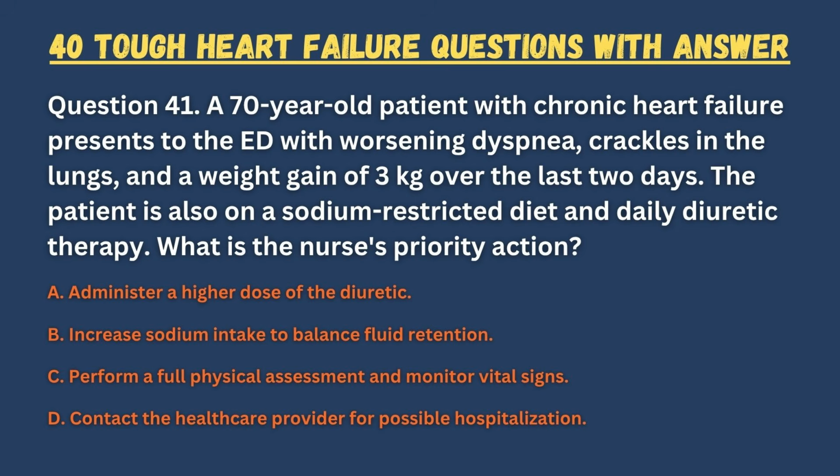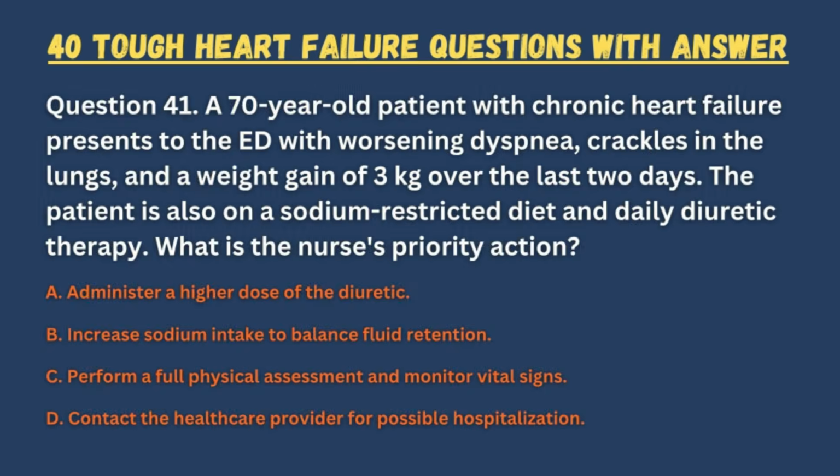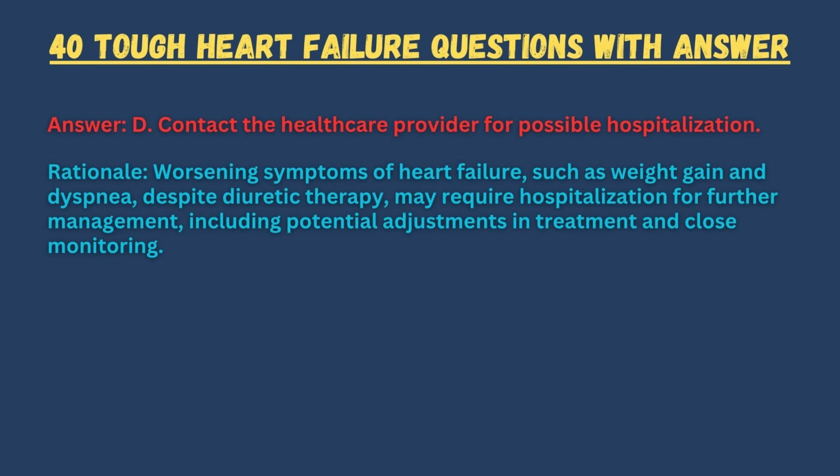C. Perform a full physical assessment and monitor vital signs. D. Contact the healthcare provider for possible hospitalization. Answer. D. Contact the healthcare provider for possible hospitalization. Rationale. Worsening symptoms of heart failure, such as weight gain and dyspnea, despite diuretic therapy, may require hospitalization for further management, including potential adjustments in treatment and close monitoring.